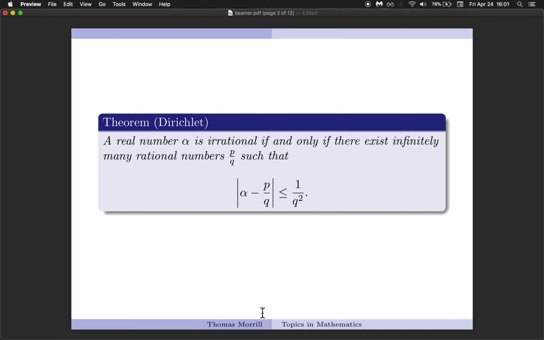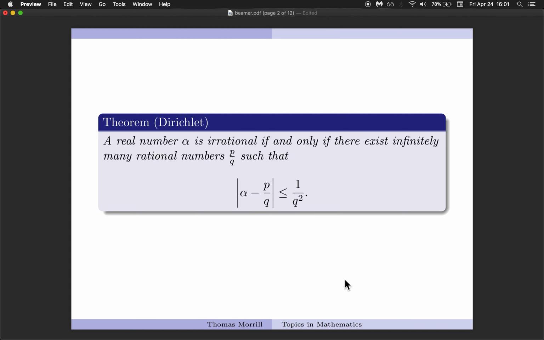So an irrational number alpha, say pi or the square root of 2 or e, pick whatever irrational number you want, there will be infinitely many approximations p over q that are within 1 on q squared of the number you are trying to approximate.